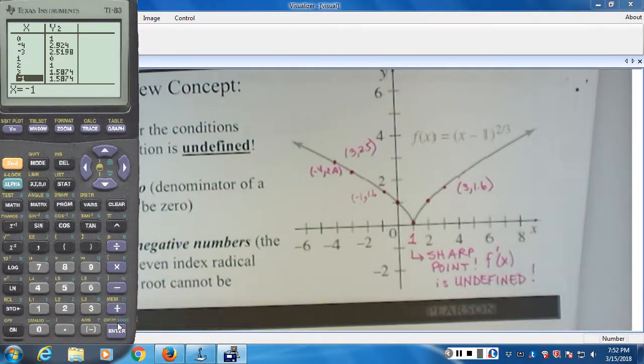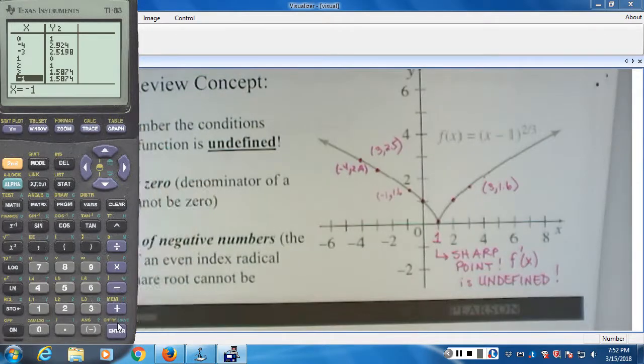That means the derivative is undefined at that point. Okay? Which we noticed as we went through with our critical number and found our critical number. The function was defined at the critical number, but the derivative itself wasn't. Okay?